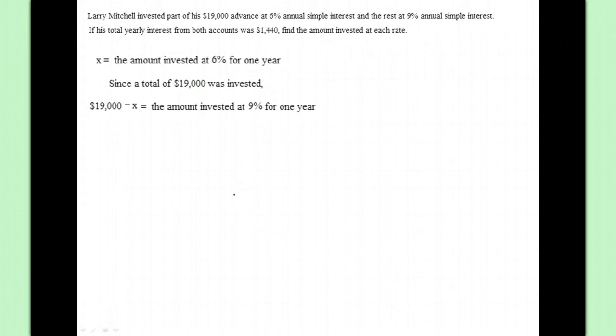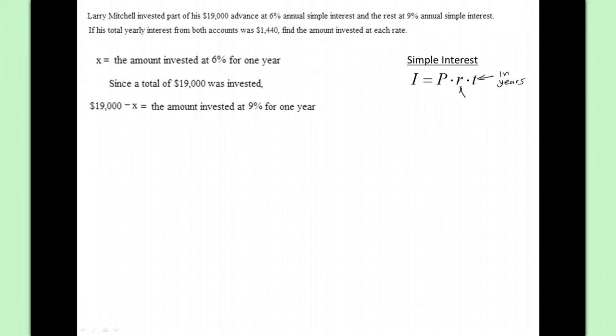What we need to drive this solution is to understand how simple interest works. We have the formula for simple interest: the interest is the principal, how much you're investing, times the rate at which you're investing it, times the time. The time is in years.